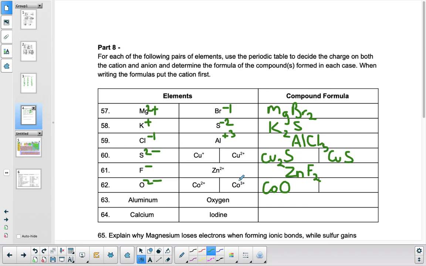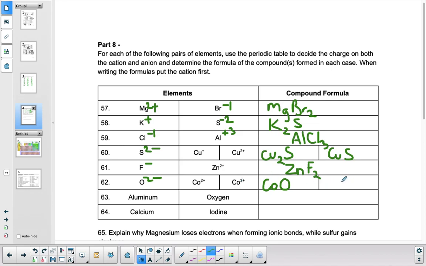So we need to do that little switch with the charges where we're going to have oxygen. We're going to do 3 of them. So 3 times -2 would have a -6 charge over here.